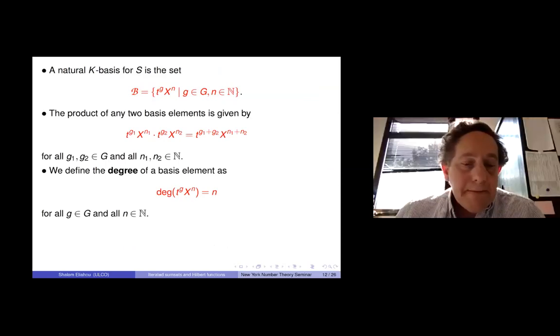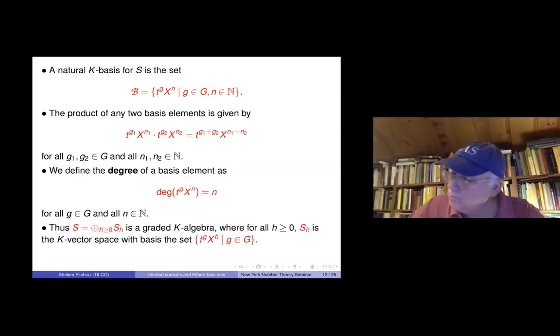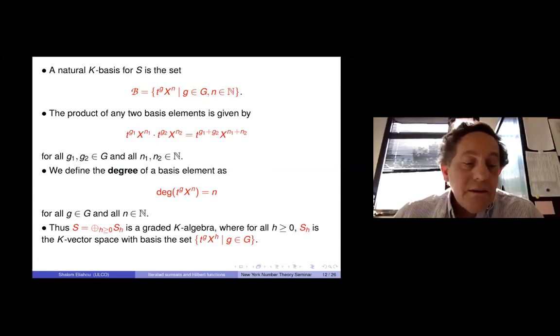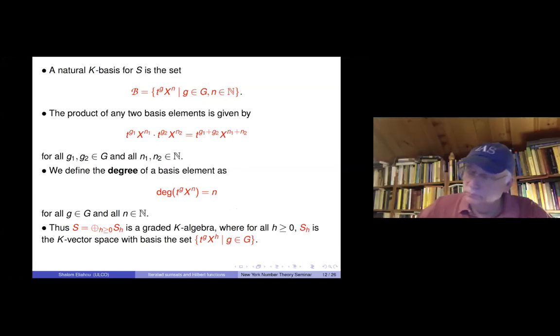And this induces a grading on S, and simply the part of degree h is just the set of all T^G times X^h when G belongs to the group.